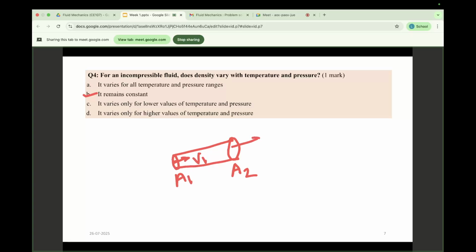If you have to find the volume, then you apply the continuity equation. For applying the continuity equation, it is quite useful if we consider this ideal situation. So option B is the correct answer. Let us move to the next question.